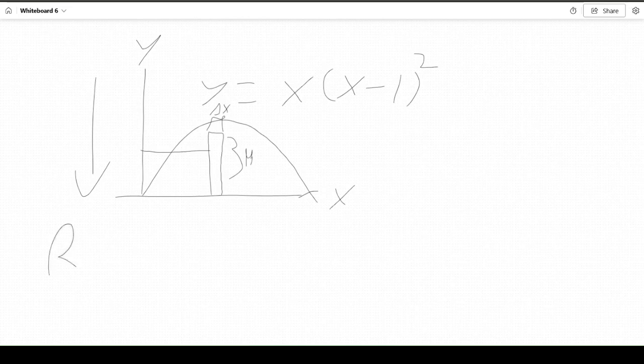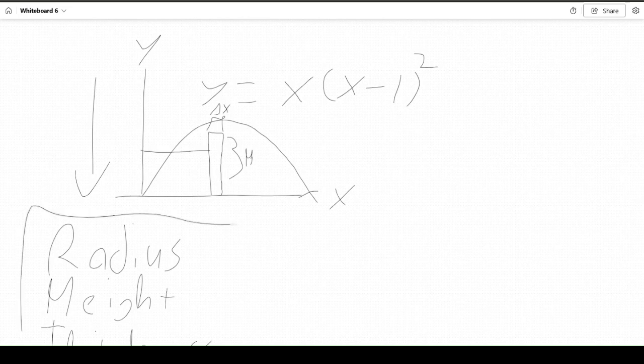So these are the three things that you need to know: the radius, the height, and the thickness of the function. These three things are really all you need to know in order to find the shell method. And the equation for the shell method is just this.